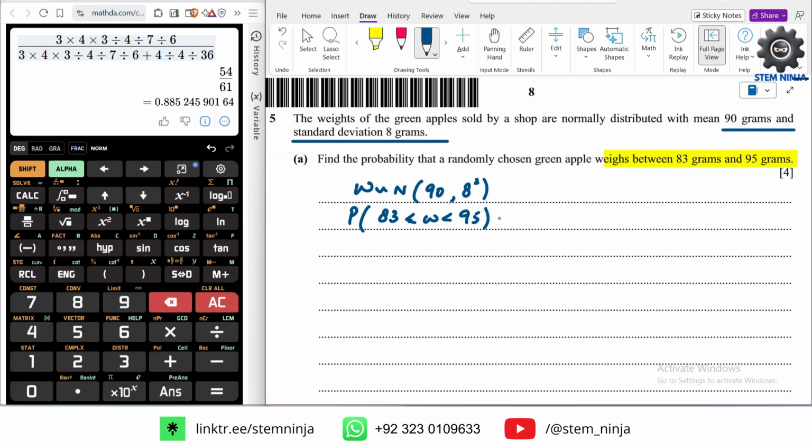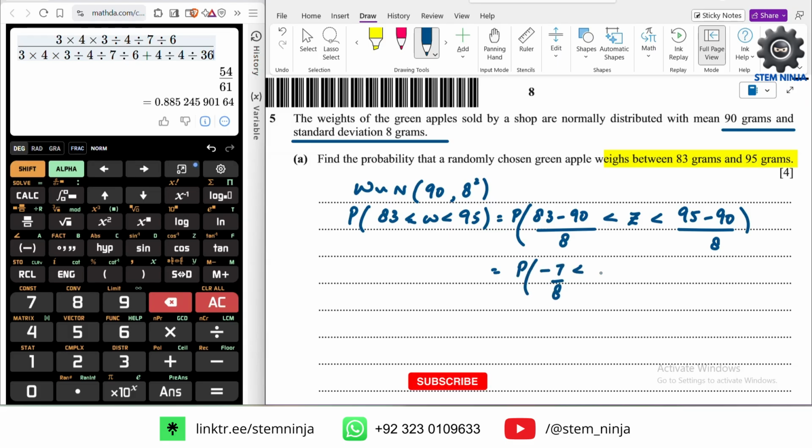first has to be standardized. So this would be 83 minus 90 divided by 8, 95 minus 90 divided by 8. So minus 7 over 8 less than z less than 5 over 8.